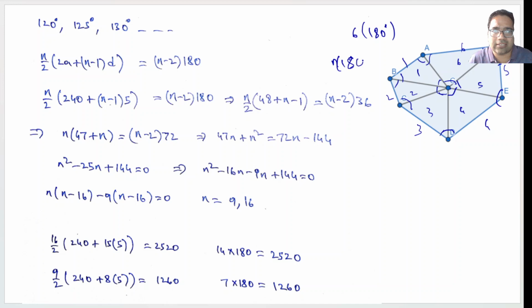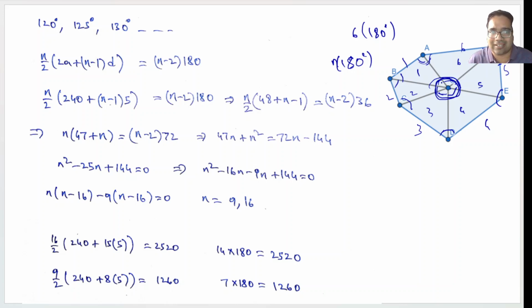If there are n sides of the polygon, n triangles will get formed, so the sum of all angles of the triangles will be n into 180 degrees. Now we want the interior angles of the polygon, so we have to subtract this extra part. This extra part doesn't contribute to the interior angles. What is this part?